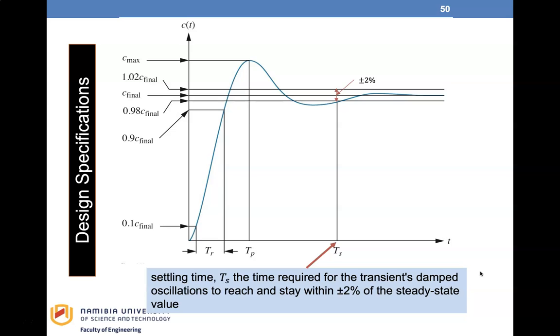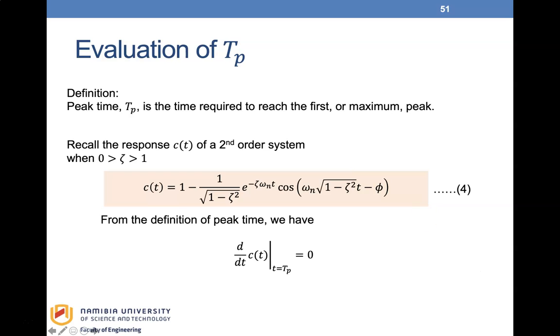All these specifications will be evaluated as functions of the natural frequency omega subscript n and damping ratio zeta. Note that it is not possible to obtain a precise analytical expression for the rise time, and hence a curve fitting method is employed.